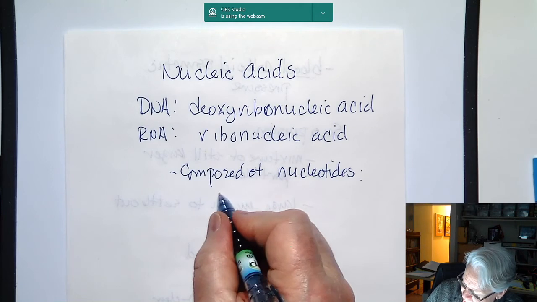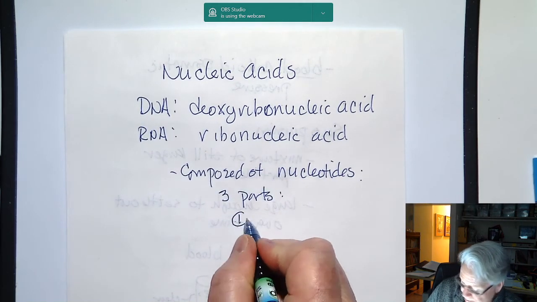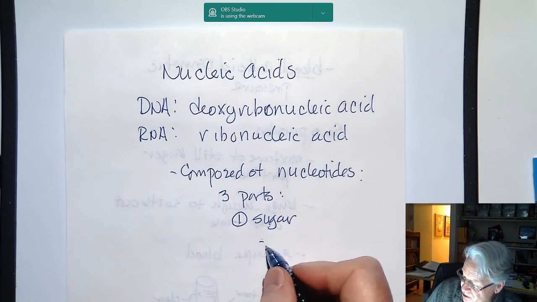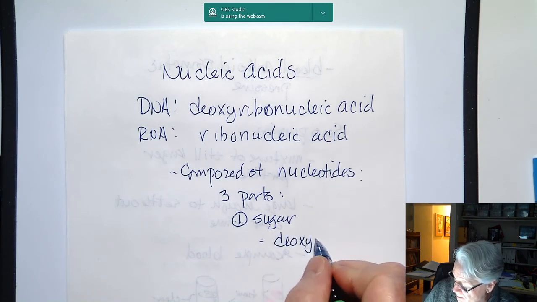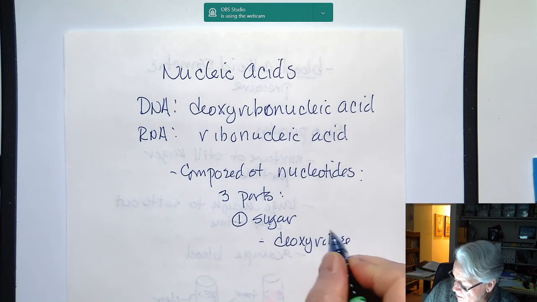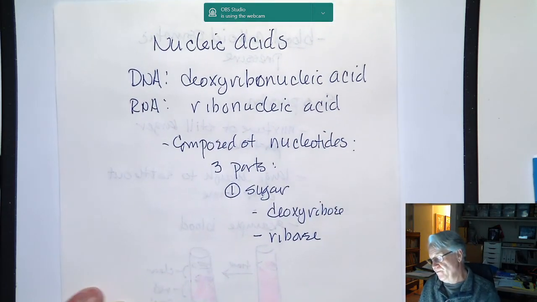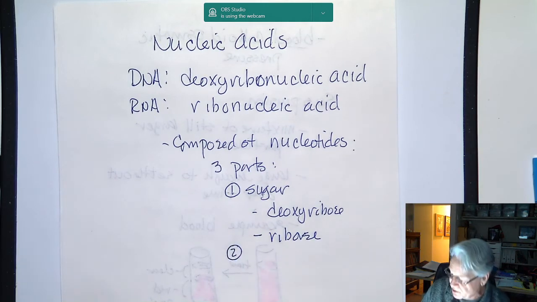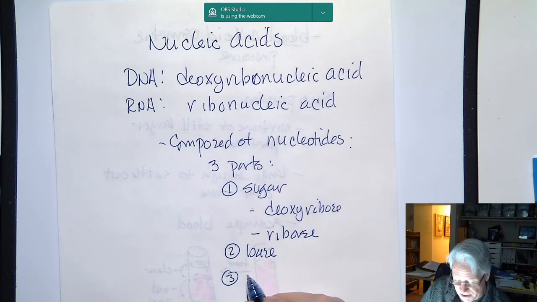And nucleotides are composed of 3 parts. 1, a sugar, and that sugar is going to be deoxyribose or ribose. A base and a phosphate group.